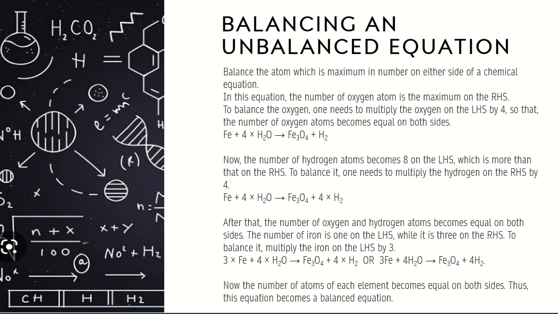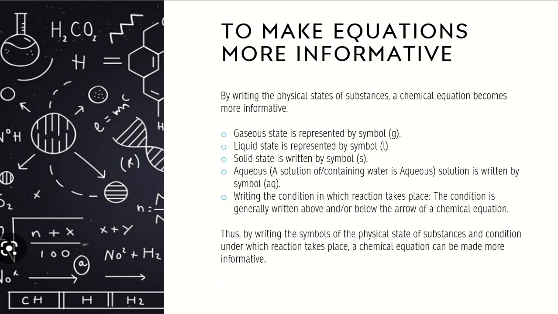After that, there are 3 iron atoms on the RHS and one iron atom on the LHS. So what you can do here is multiply the iron on the LHS by 3, so it turns into 3Fe plus 4H2O gives Fe3O4 plus 4H2. Okay, so this is how you balance an unbalanced equation. Again, I'll be uploading a detailed video on this.